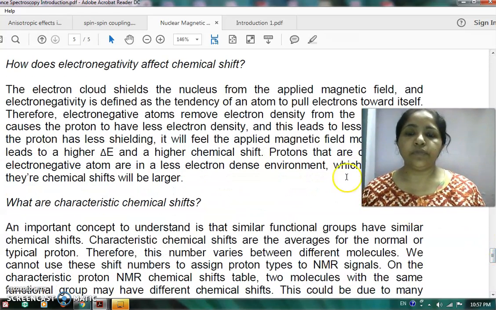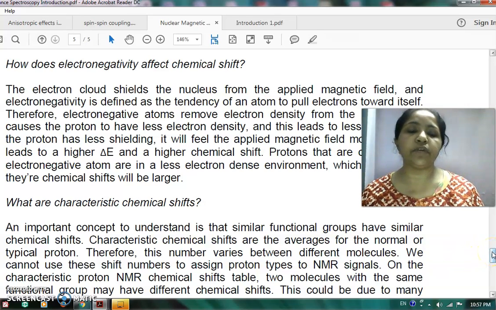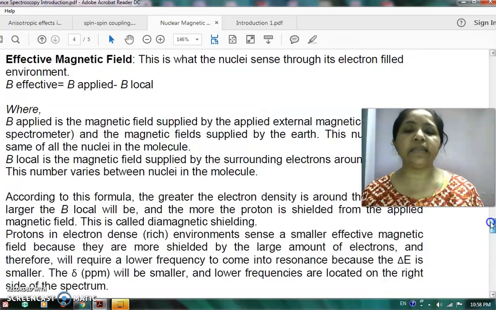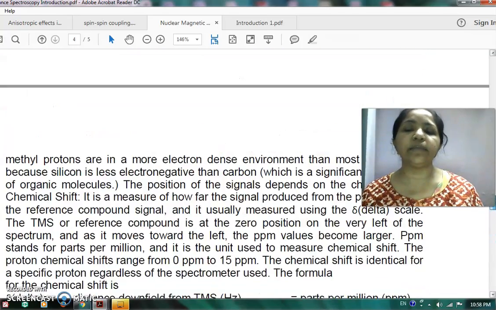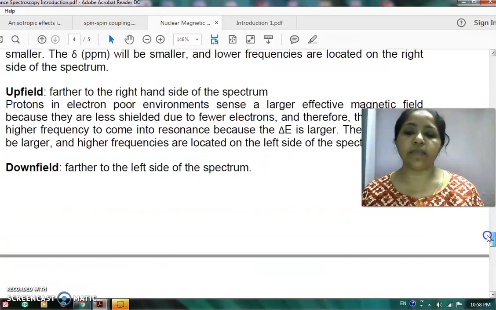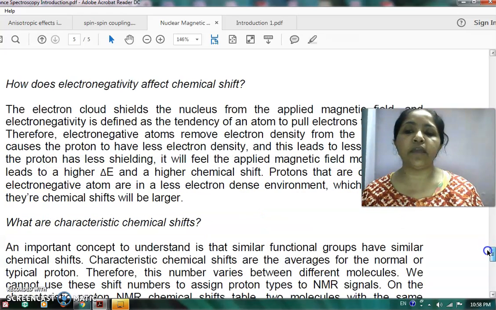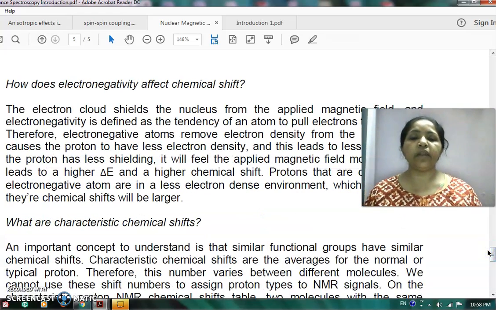Now you have come to this part, chemical shift. What is chemical shift? This delta E value is nothing but the chemical shift. This value can change depending on the environment. If it is in an environment of electronegative atoms, then the chemical shift is more towards the downfield side.